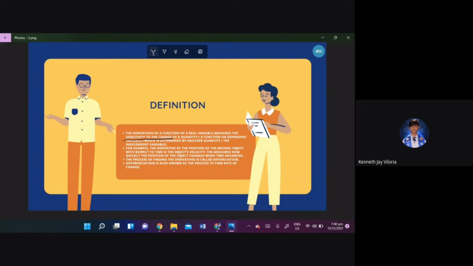The dependent variable is the y value and the independent variable is the x value.